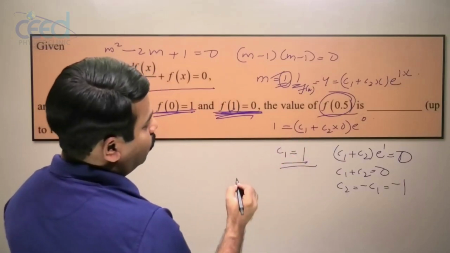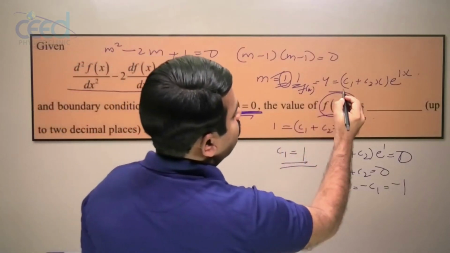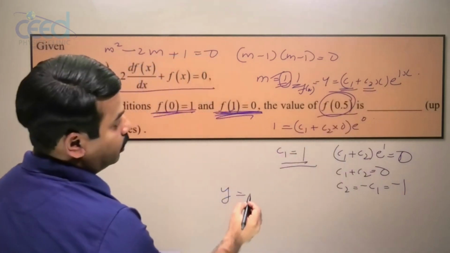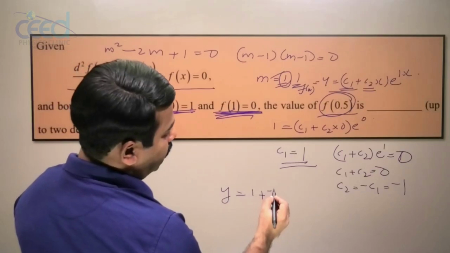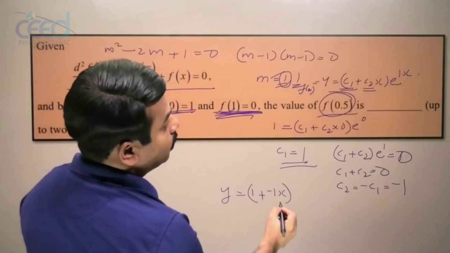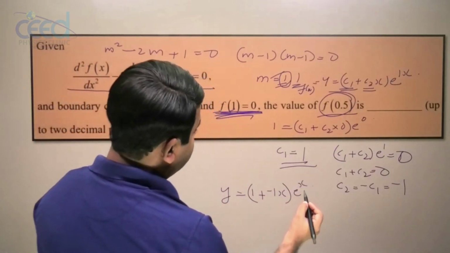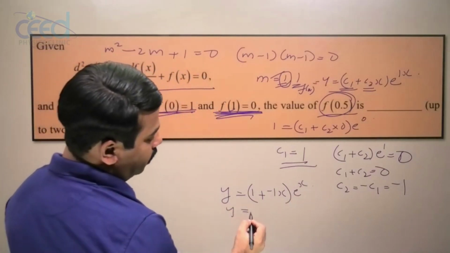Now they are asking f(0.5), so we can put the values here. c1 is 1, c2 is −1, so y = (1 − x) e^x.